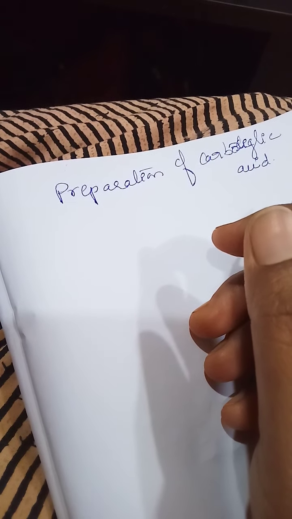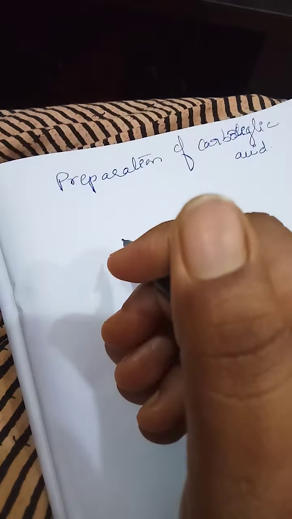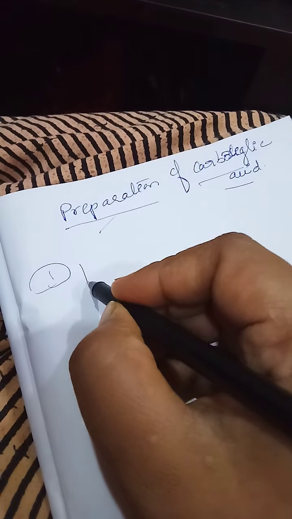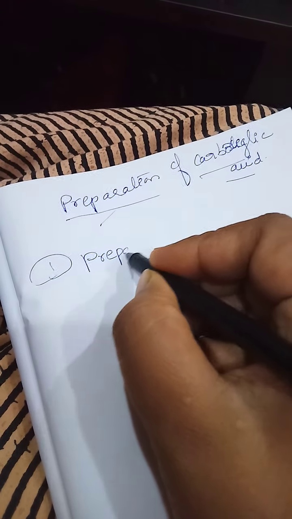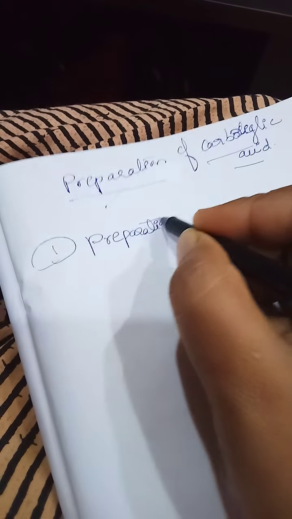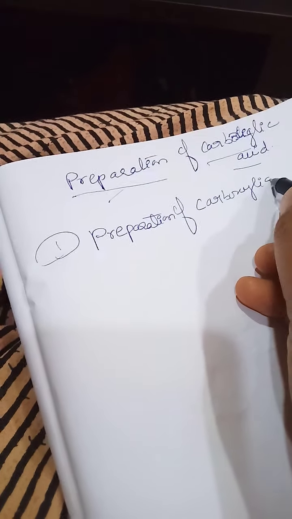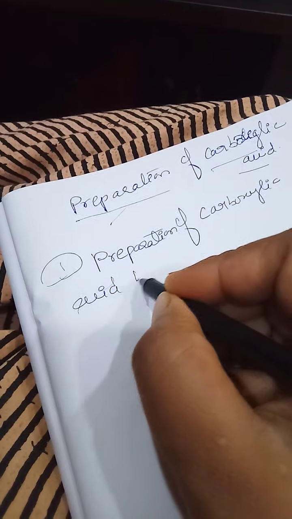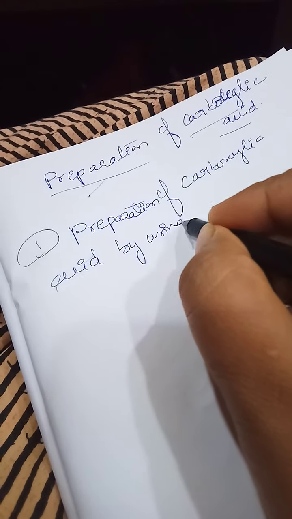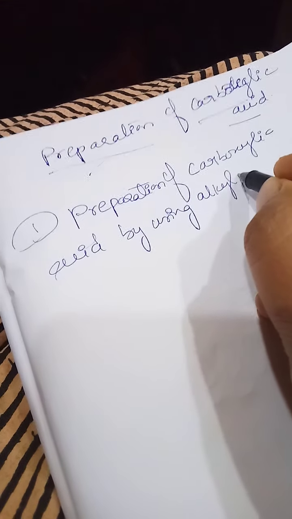In this topic I am especially focusing on aliphatic carboxylic acids, how to make aliphatic or saturated carboxylic acids. First, preparation of carboxylic acids by using alkyl nitriles.